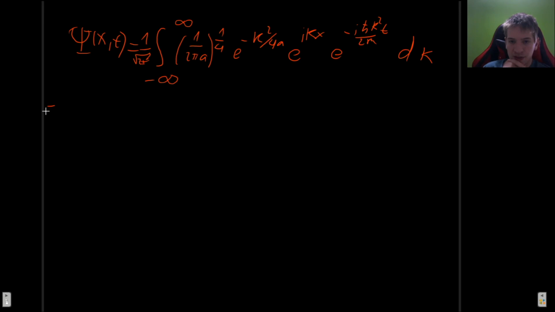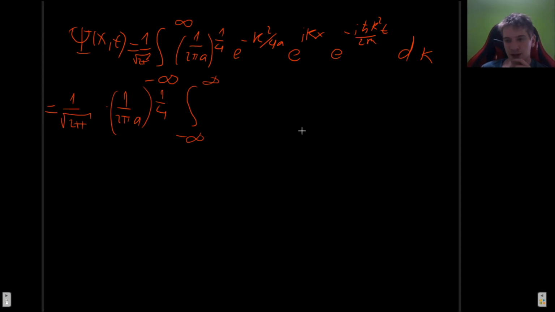So this is going to be, let's just put these constants up front. So we get 1 divided by the square root of pi times 1 divided by 2 pi a to the 1/4 power. Then we get the integral from minus infinity to infinity. Let us now factor these terms in the exponential. So we get e to the minus, and let's now factor out the things here that have k squared.